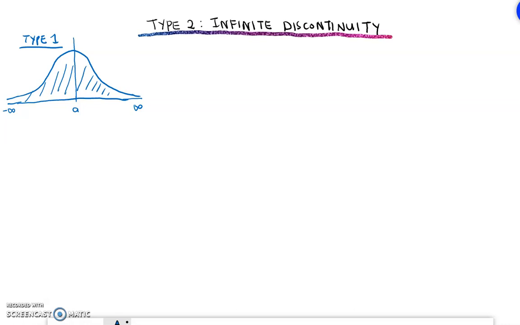But for type 2, let's say we have a function, the integral of f(x) dx from a to b. Type 2 involves a function on the interval from a to b that also has vertical asymptotes, where the integrand, the function, has an infinite discontinuity at a specific point, let's say c here.